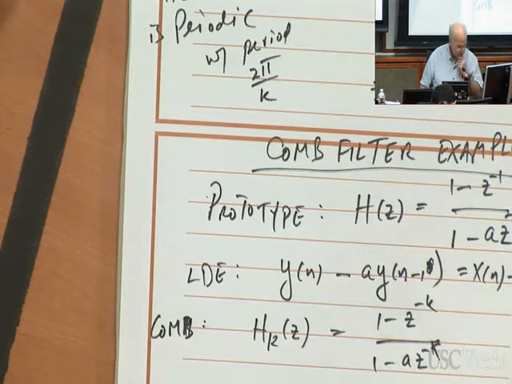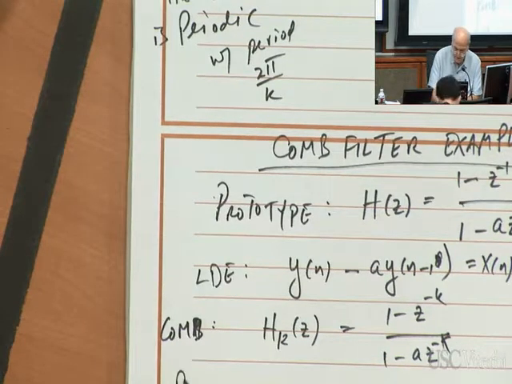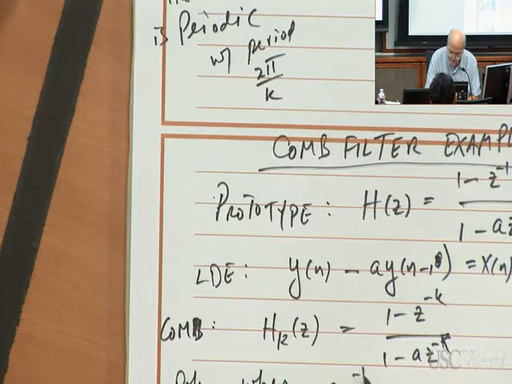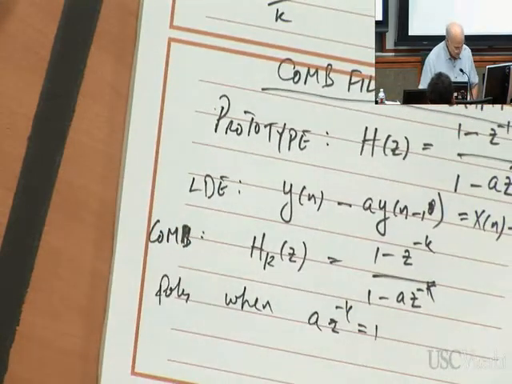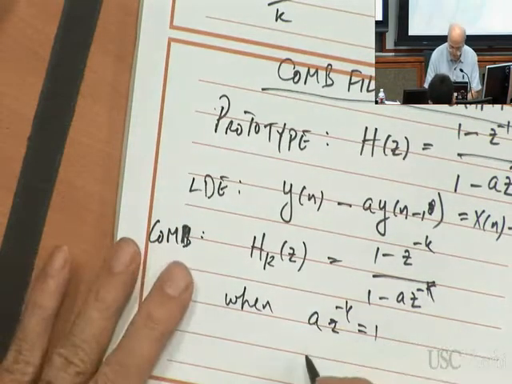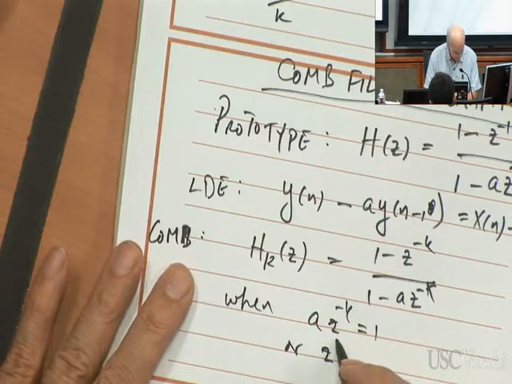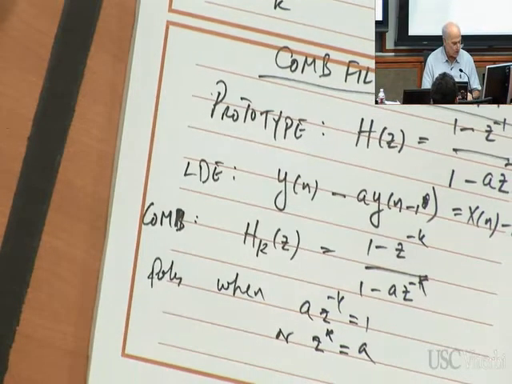And you have poles when a z to the minus k is equal to 1. Or z to the k is equal to a. So those are where your poles are going to be located.